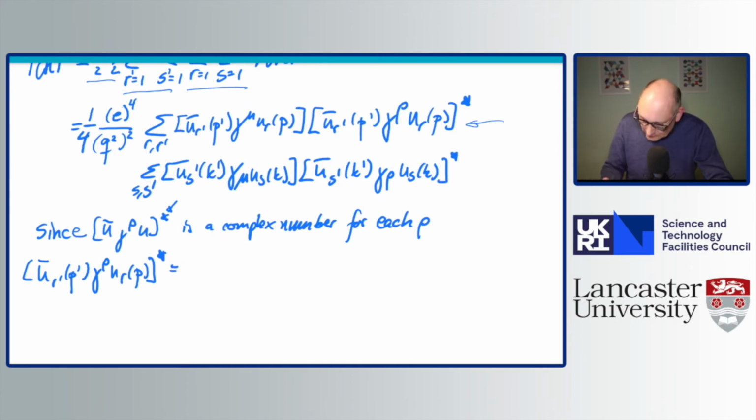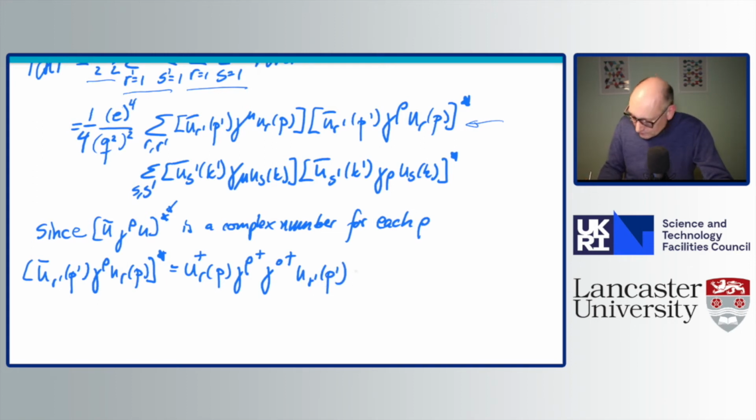Let's think of it as Hermitian conjugation, then the spinors come in the other order. So what we have here is u Hermitian conjugation r of p, gamma rho Hermitian conjugated, gamma 0 Hermitian conjugated, u r prime of p prime.